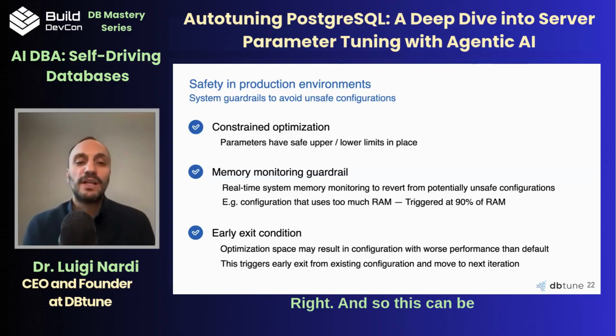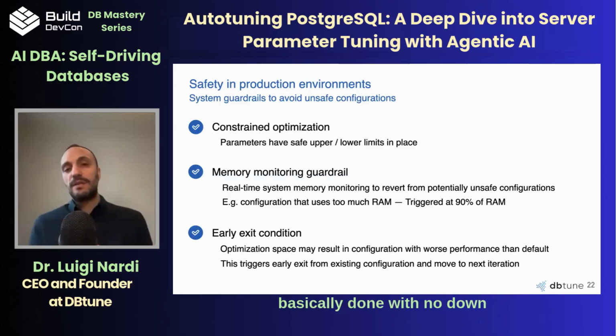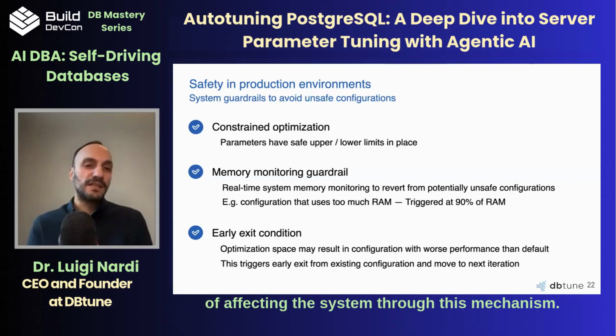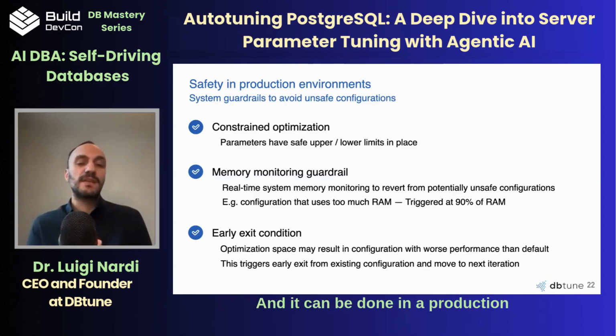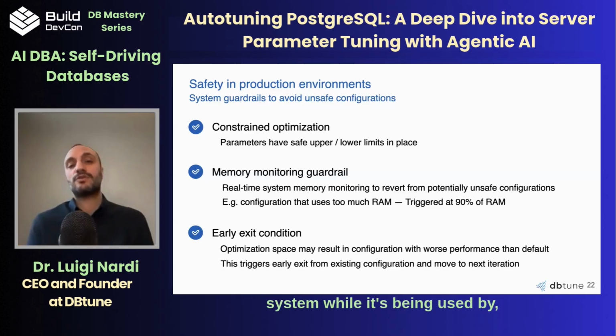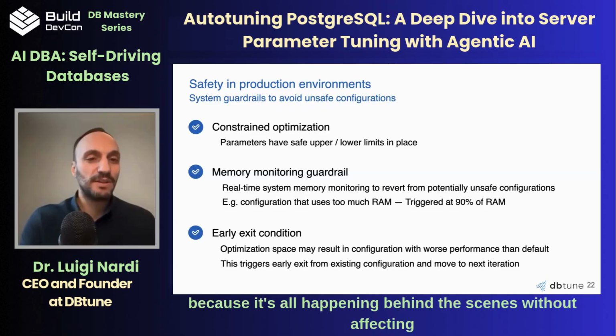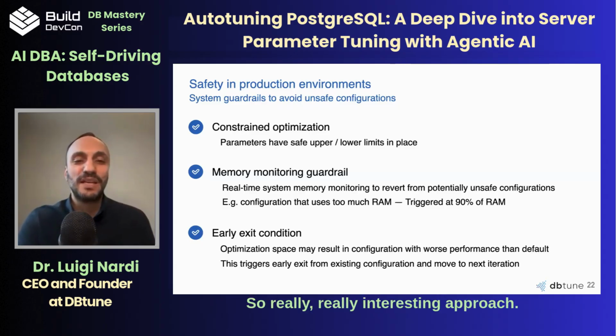This can be done with no downtime and no risk of affecting the system through these mechanisms. So the tuning is not noticed by the users, because it's all happening behind the scenes without affecting the performance of the system. Really interesting approach.